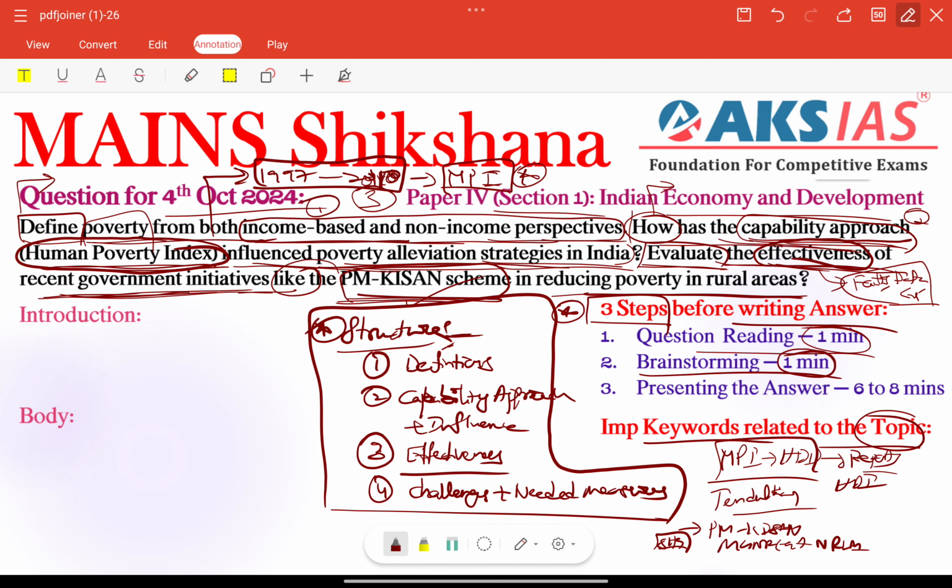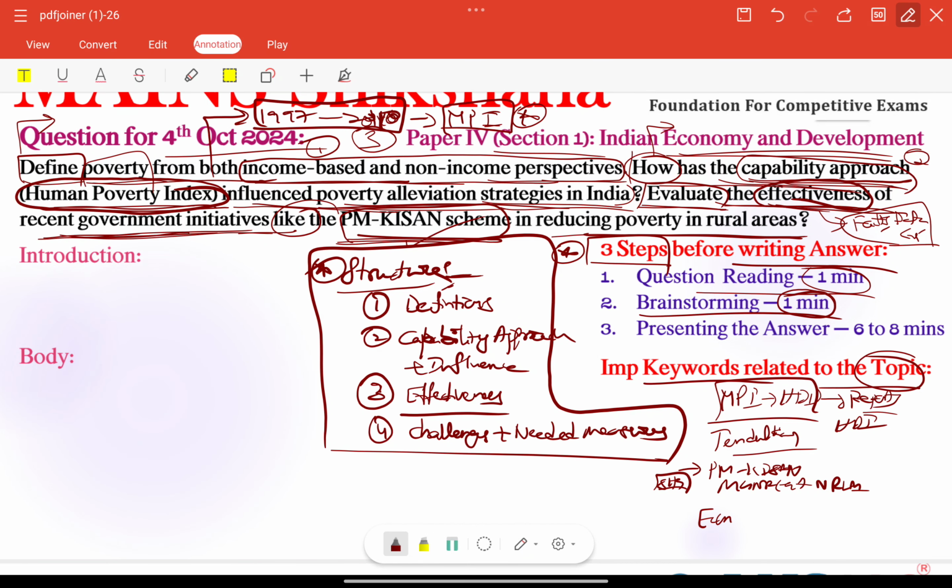As we are writing for the economy and development or Indian economy paper, we need to include factual information here. For example, we have so many relevant pieces of information in our Economic Survey, right? That is also very important. Other than that, we have some direct benefit transfer schemes, or we have JAM, like in the Trinity, we can use Jan Dhan Yojana like schemes, or the Pradhan Mantri Kaushal Vikas Yojana scheme, right?